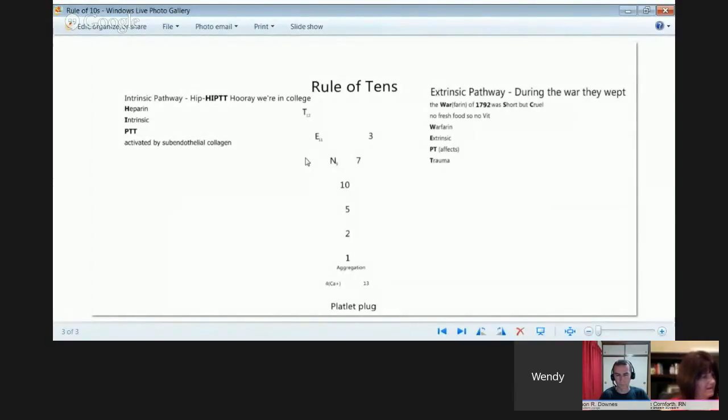What is not written here is that factor 8 enhances factor 9 activity.